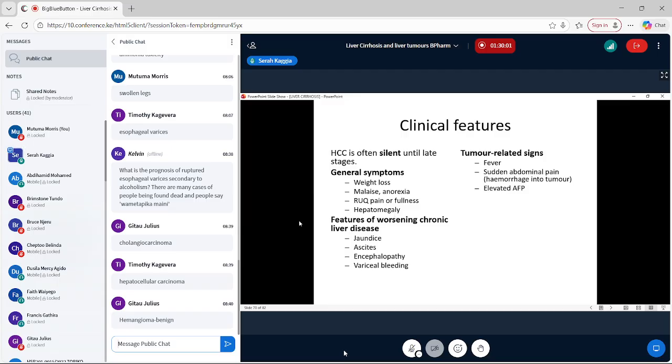They may have hepatomegaly if the mass is big, okay. Then signs of tumor-related things like fever, if there are inflammatory cells and chemical mediators being produced. Then they may have sudden abdominal pain, especially if there's hemorrhage into the tumor. Then they'll have elevated alpha-fetoprotein, okay, as a tumor marker.